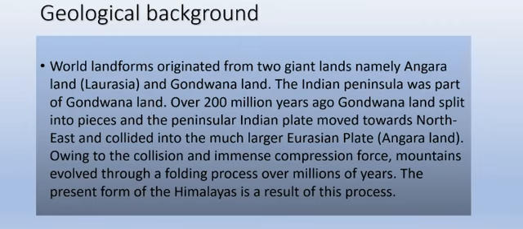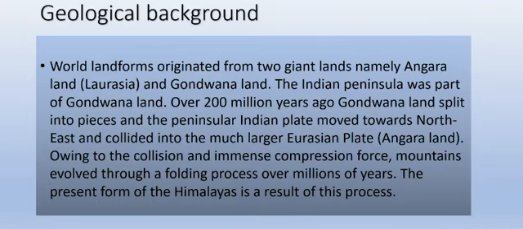We can call these landforms the old landforms or world landforms. These world landforms originated from 2 giant lands, namely Angara land, which also has another name, Laurasia, and another part of the landmass, Gondwana land.